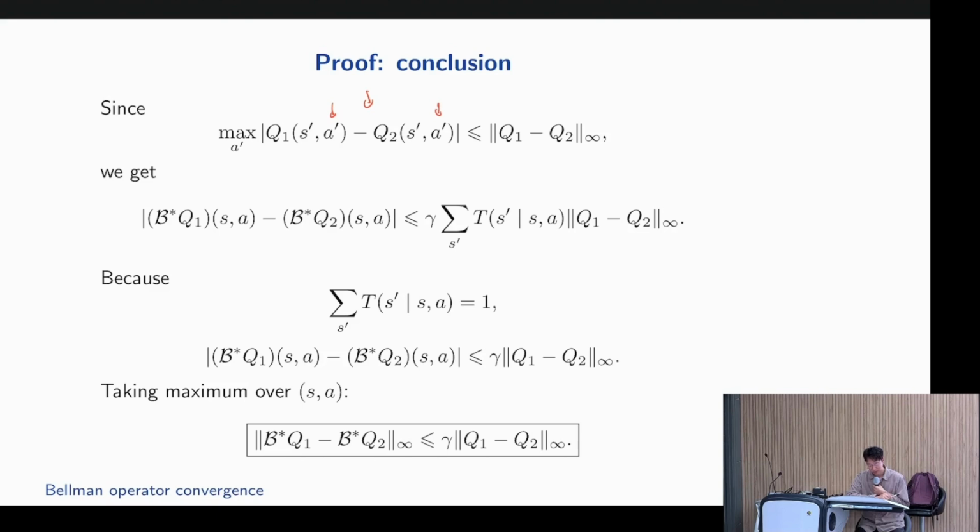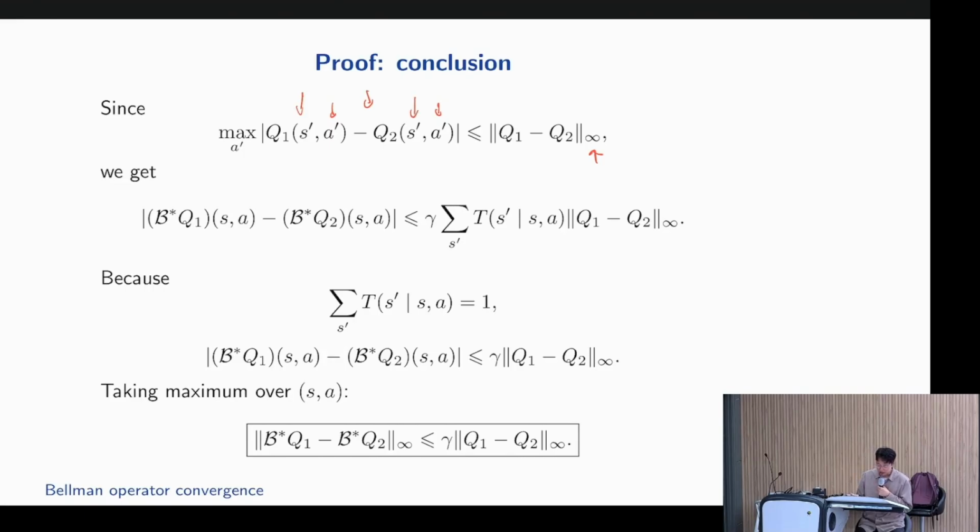Why is that? Right. So here, you take max over all combinations of S and A, but here you're taking max over A prime only, and S prime is fixed.